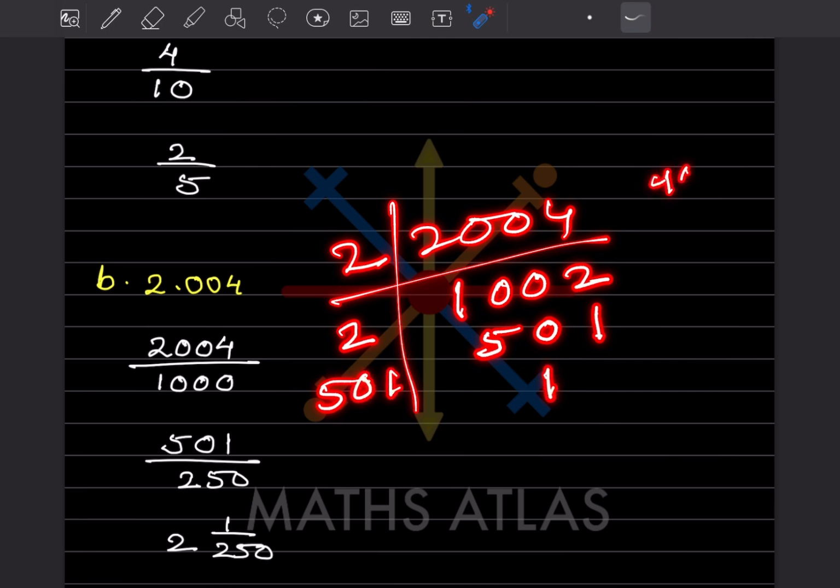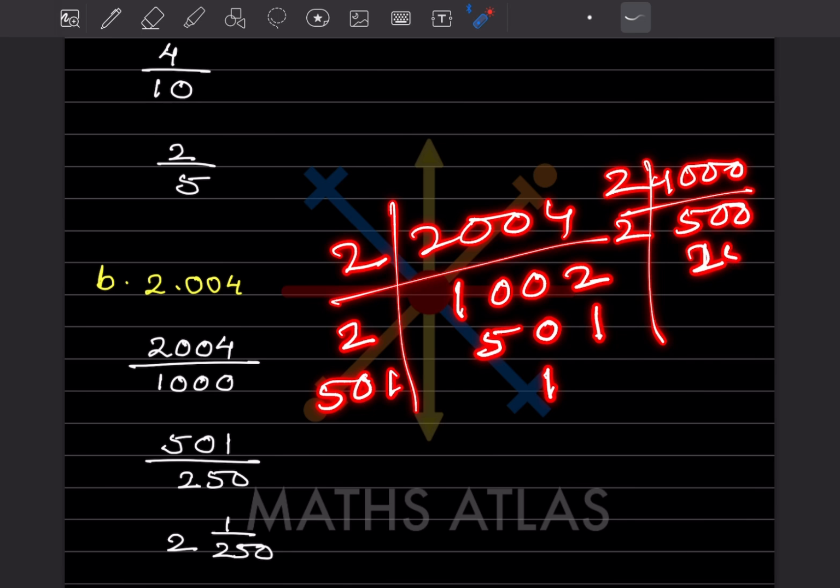And for this 1000 we are going to write 2 5s are 10, 2 250s are 500, 2 125s are 250, and this is going to be 5, 25, 5, 5 and 1.